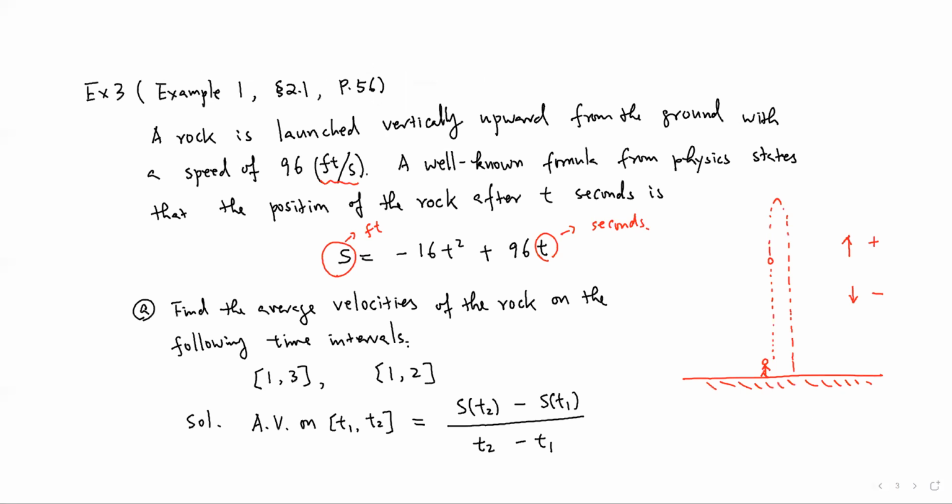Average velocity on the time interval from 1 to 3, by formula, is position at 3 minus position at 1, then over 3 minus 1. Position at 3: this is position at a general time t. Now I plug in number 3 for t. Negative 16 times 3 squared plus 96 times 3.